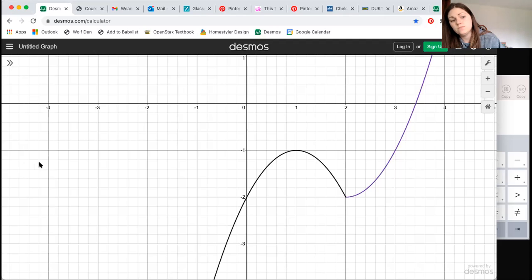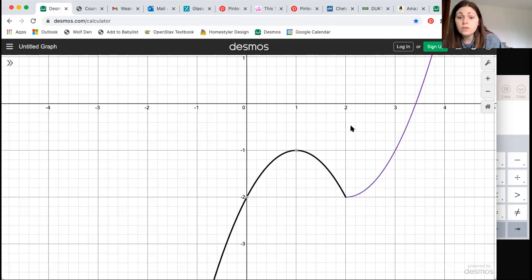So keep going, negative infinity all the way up to, we might be tempted to stop there, but look, we have values that exist right there. The black one exists at -2, the purple does not. But if there is a single x value at 2, then we keep going.